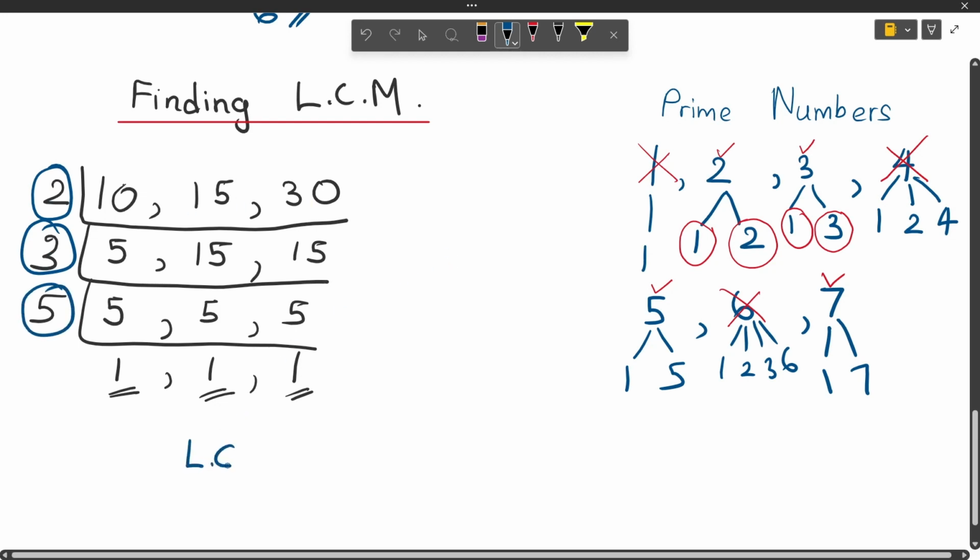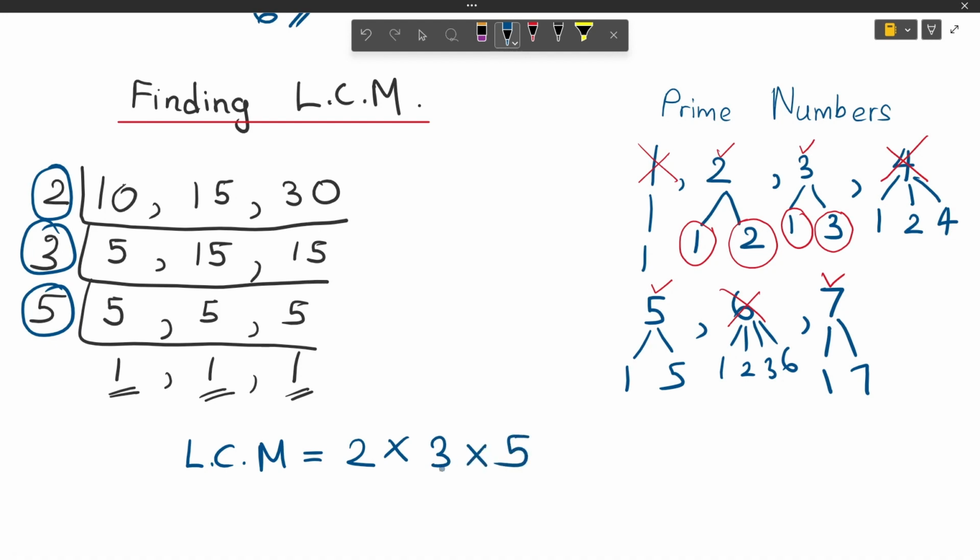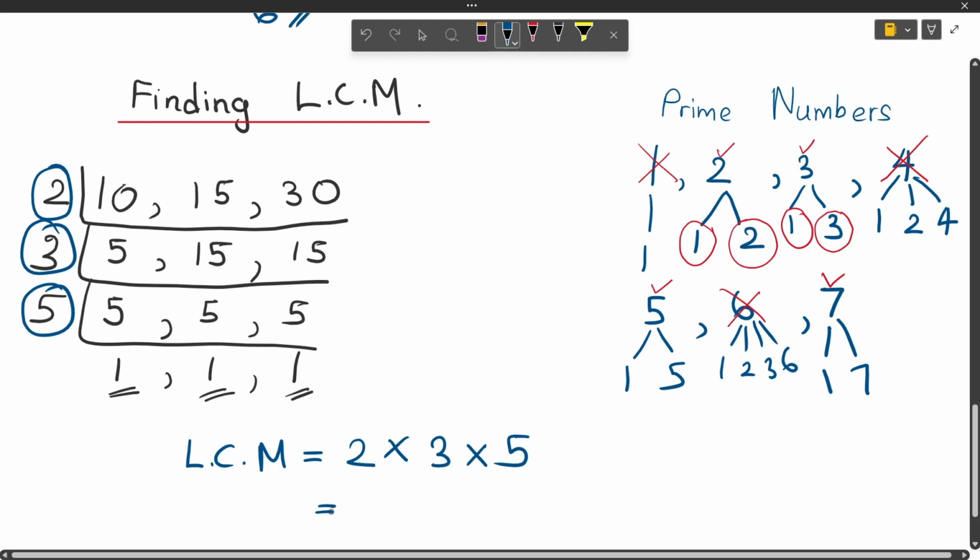Then the LCM is equal to 2 times 3 times 5. So the lowest common multiple is 30.